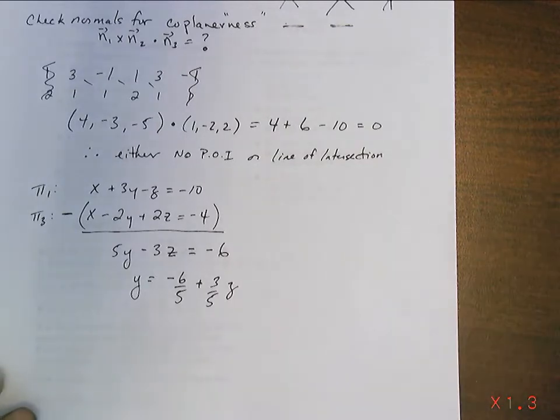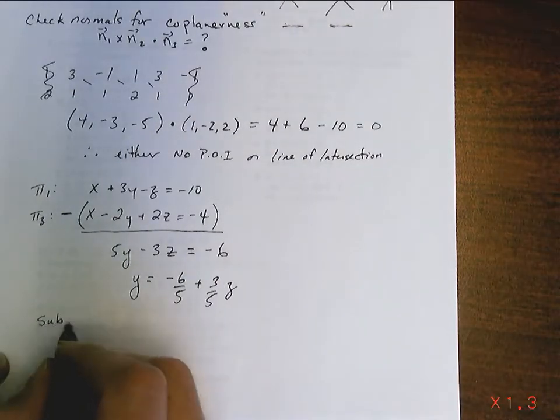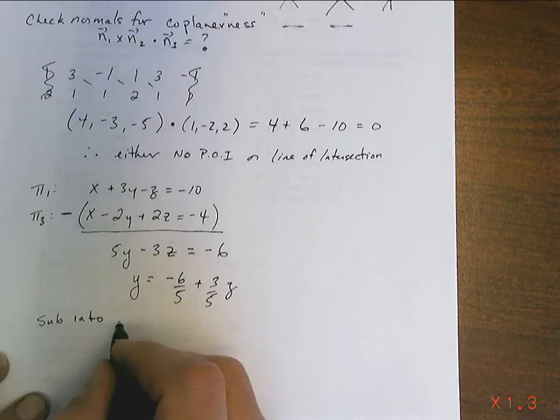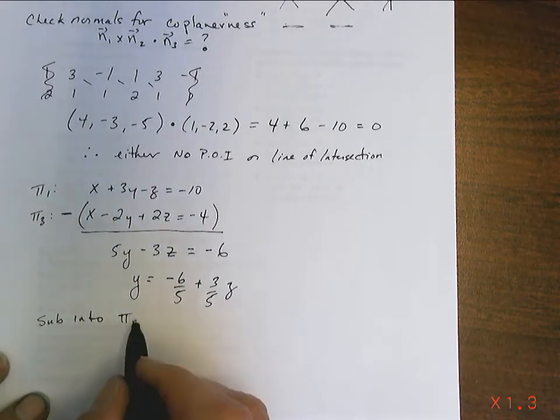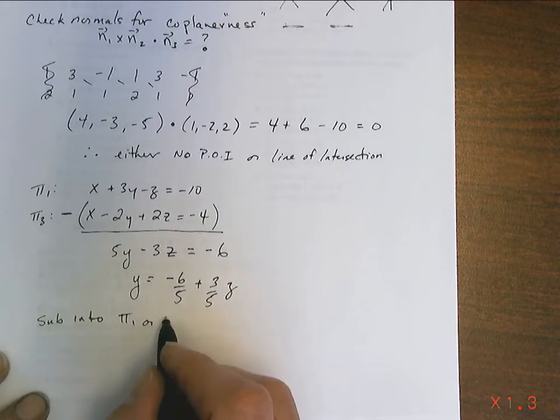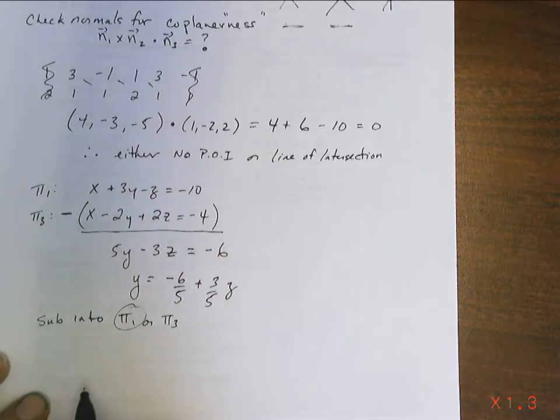Let's sub that back in. I'm thinking I'll sub it back into plane 1. It has to go into either plane 1 or plane 3 at this point, so I'm going to choose plane 1.